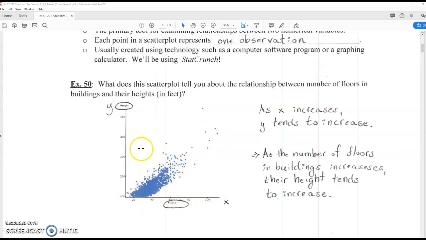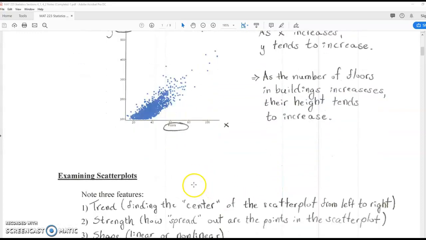It could be decreasing if it was the other way, but in this example, as x increases, y tends to increase. So we would say here, as the number of floors in buildings increases, their height, which is y, tends to increase.